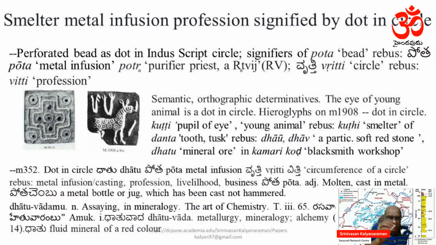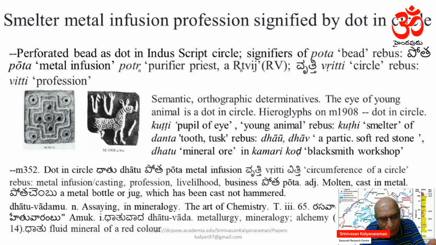Now, this pota, this dot and circle, is also shown around four corners of this famous seal, which shows a fire altar. Circle, dot in circle, dot in circle. 4 dots in circle inside, 5 actually, and then 4 on the corners.